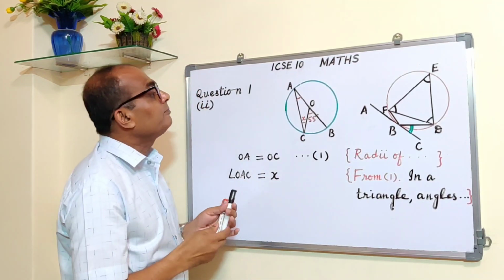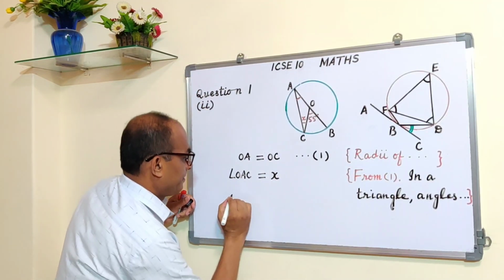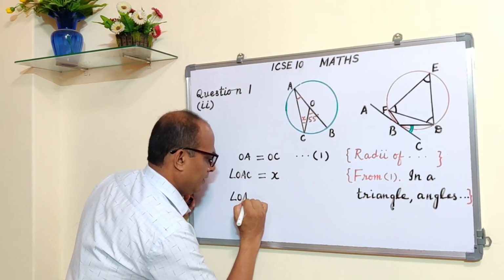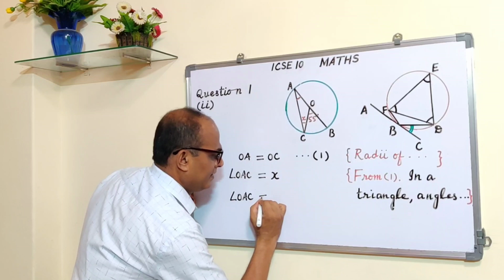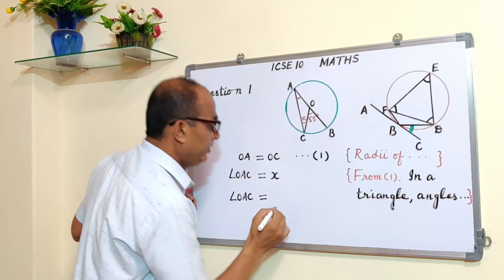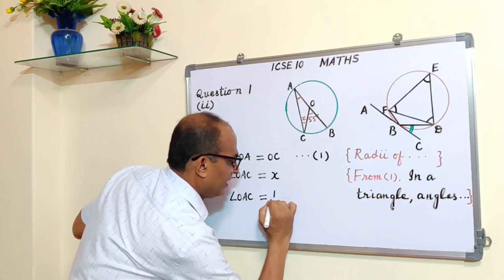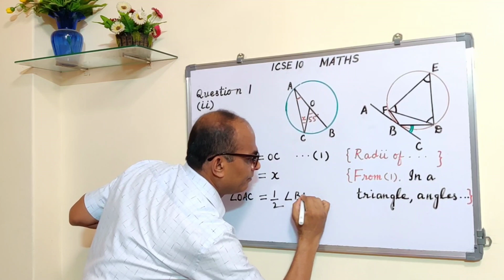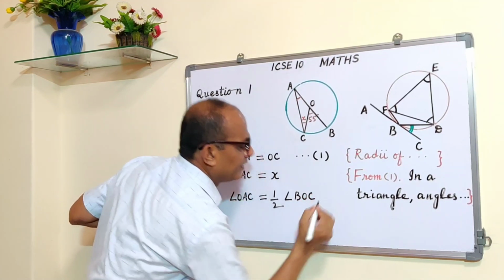So we can write angle OAC is equal to half angle BOC.